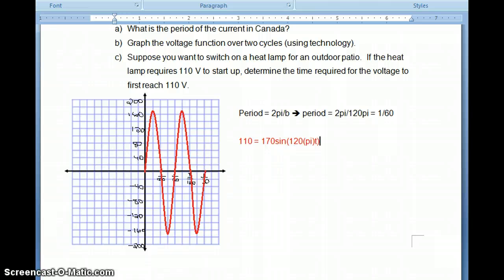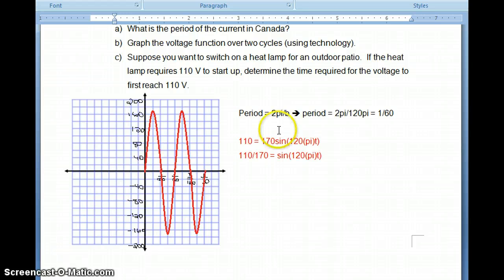So I just put those there to help you see that. So first of all, we need to isolate this term here, the sine of 120 pi times t. So I need to get rid of this 170, so to do that I'm going to divide. So we have 110 divided by 170, and that is equal to sine of 120 times pi times t.